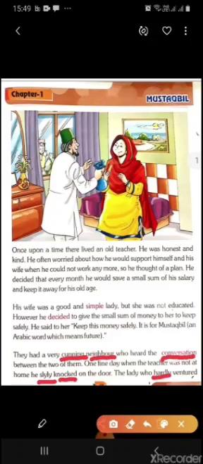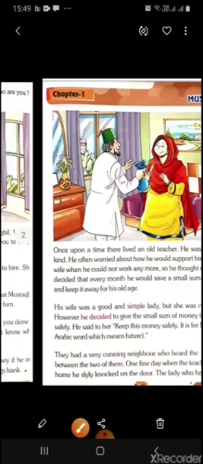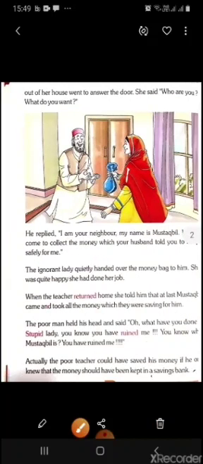Next word is hardly. Ventured. Let's go to the next page and find some new words.